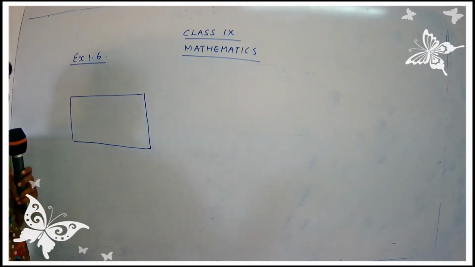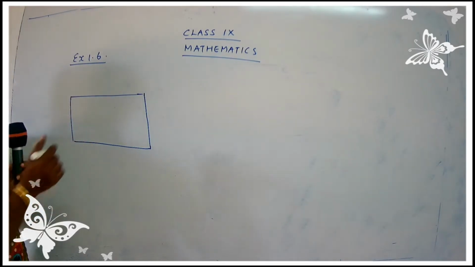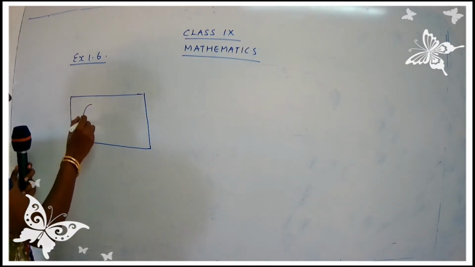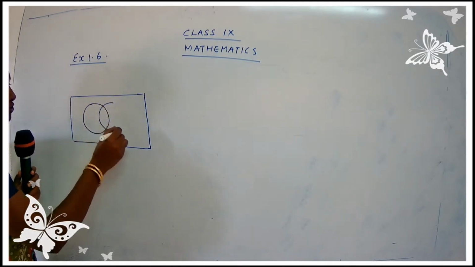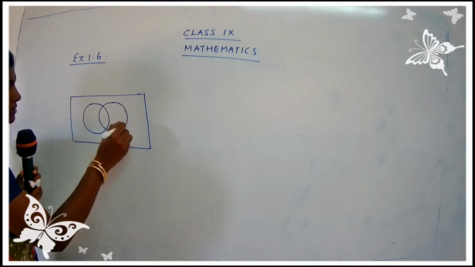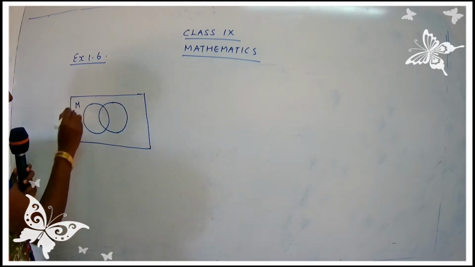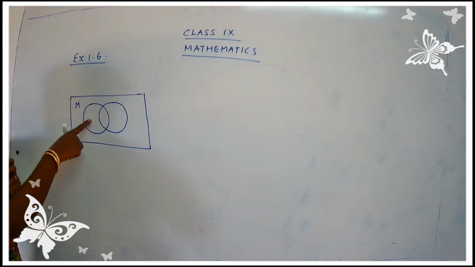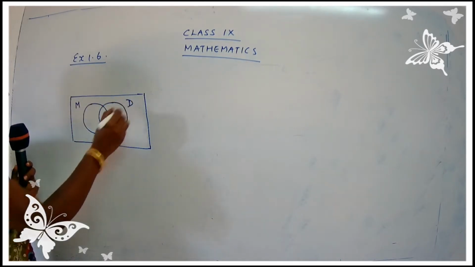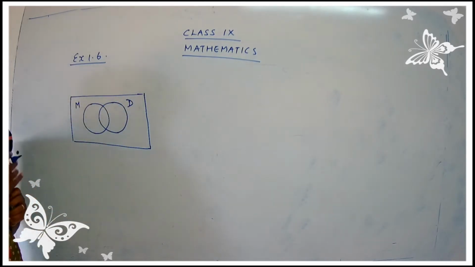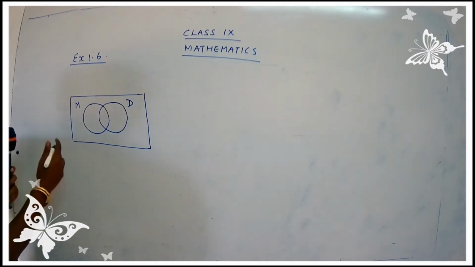We have two extracurricular activities, one is music and one is drama. So you have to draw two circles. The first one shows the detail about music. I'm representing music as M, and drama I'm going to represent as D.